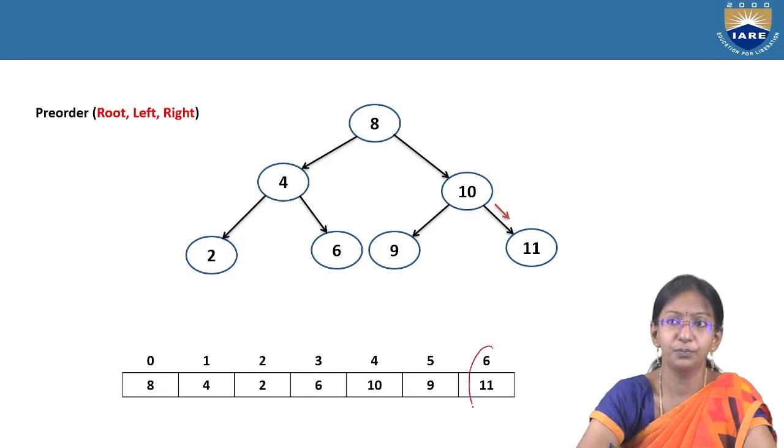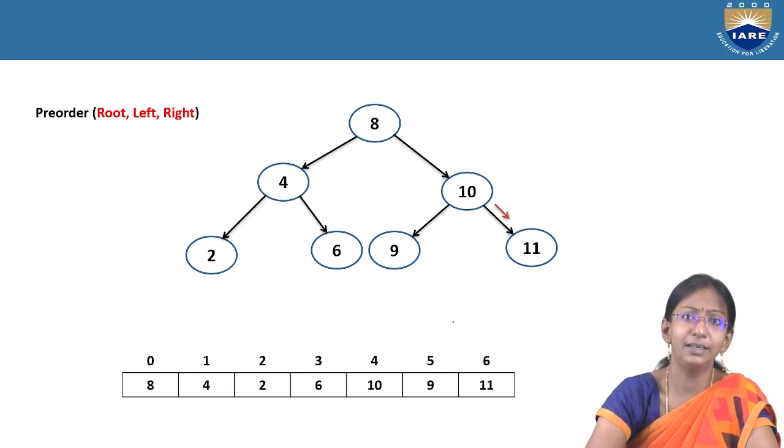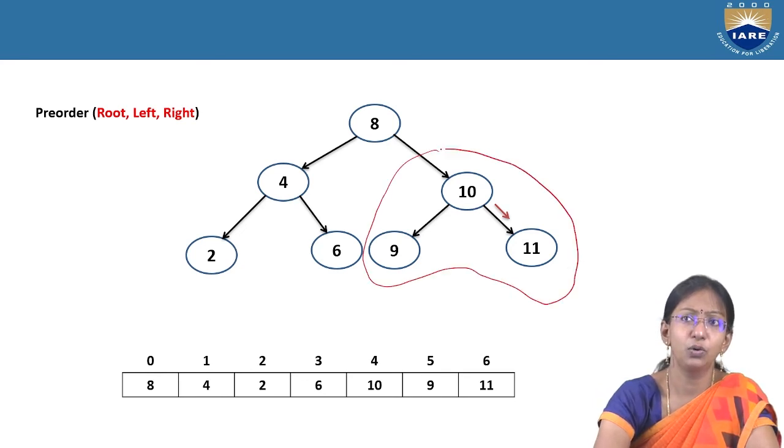I've stored it. Right? Do you have any left child of 11 to travel further? No. Do you have any right child of 11 to travel further? No. Both are not there. So traveling the right subtree of 8 is also done.